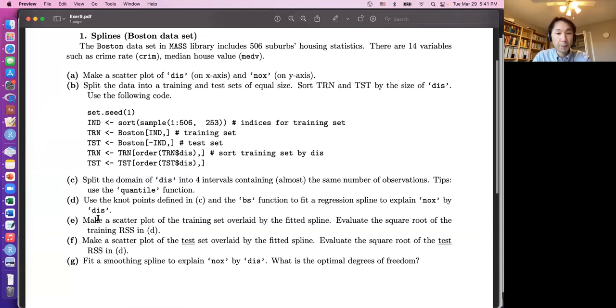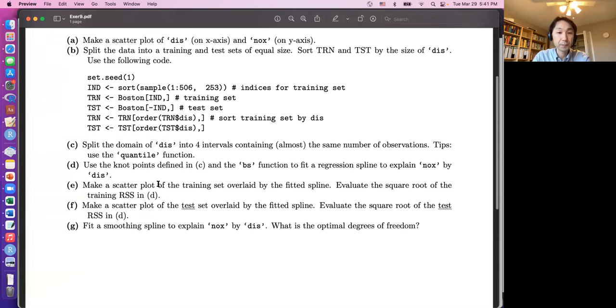Then make a scatter plot of the training set overlaid by the fitted spline, then evaluate the square root of the training RSS.